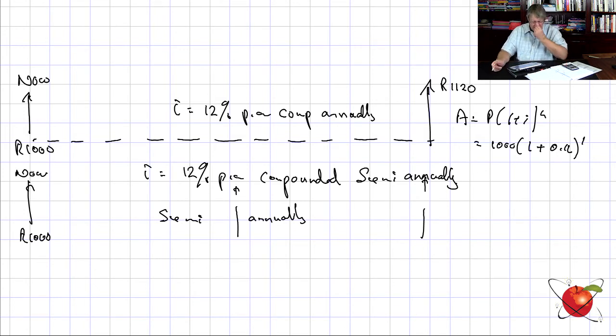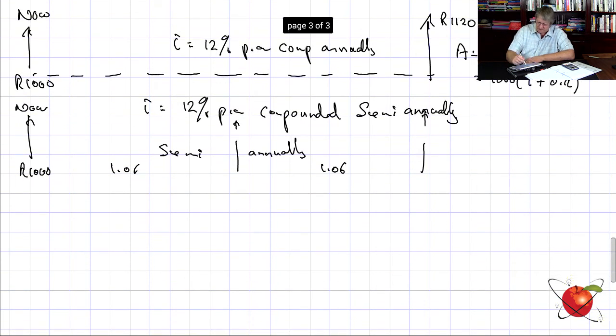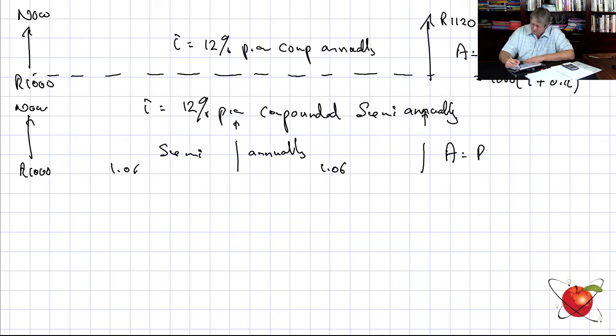So what do I have to do? It means that I'm getting 1.06 here and 1.06, 6%, 6%. I divided my percentage by 2 to allow me to work in the increments. Therefore, I can say, there's my first part, there's my second part. Essentially, therefore, I say that A is equal to P (1 plus i divided by n) to the power of n.